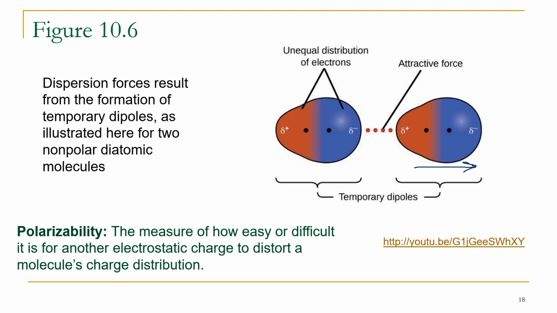Polarizability is the measure of how easy or difficult it is for another charge to distort a molecule. So if this molecule is highly polarizable, it's going to easily be affected by the neighbor. So if it's polarizable, it's going to have these instantaneous temporary dipoles for a moment and then allow it to happen in another molecule. So that's just another word, polarizability.